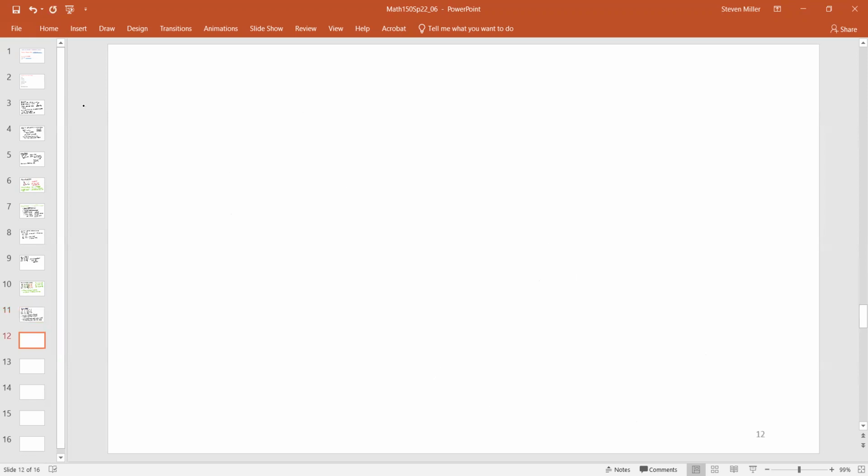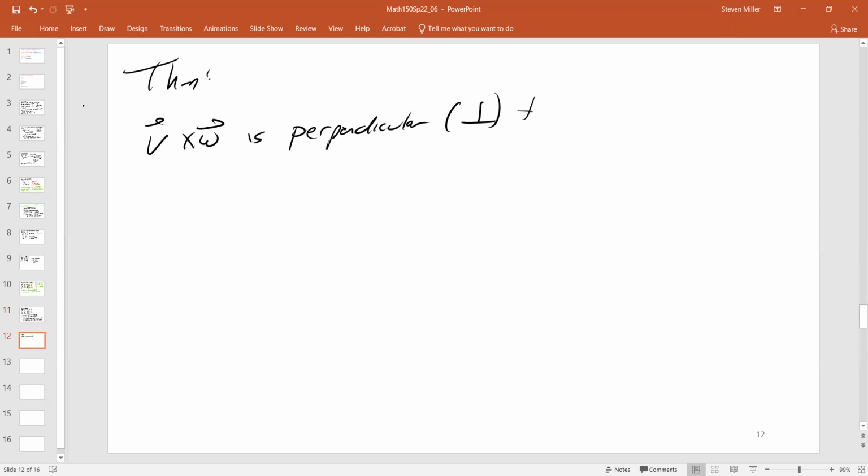Okay, so theorem, V cross W is perpendicular, and if you remember your geometry, that's the symbol for perpendicular, to V and W. How can you prove that two things are perpendicular?